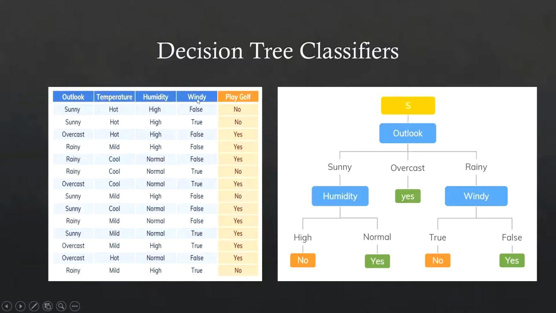And our feature variables here are the outlook, the temperature, the humidity, and whether or not it's windy. Given these values and given this data and what the result was, this chart here was created to predict, given these inputs, whether you should play golf or not. The idea behind this is you could introduce a completely new input not seen before in this data set, and it would be able to predict accurately whether or not you would want to play golf on that day.